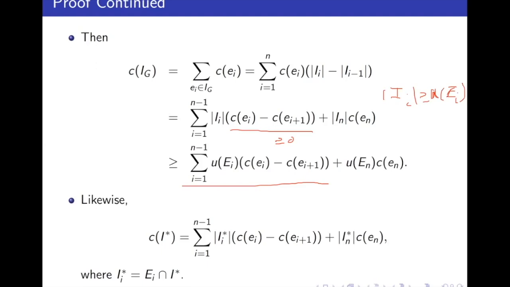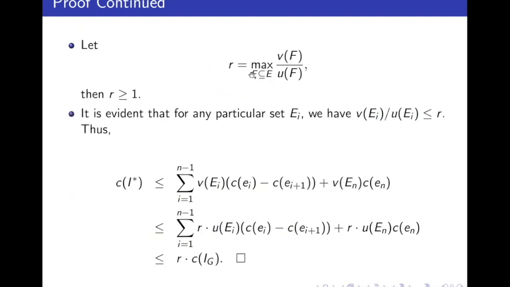Similarly, this is a lower bound. So we have that. And for C of I star, we just follow this by replacing I sub i with I sub i star. Okay, so this is straightforward up to this point.